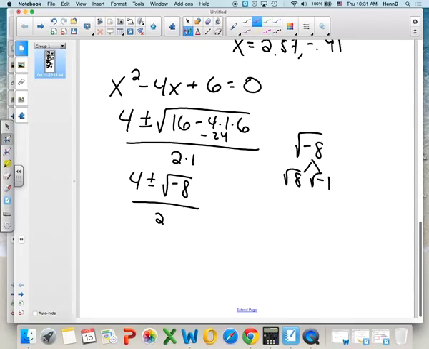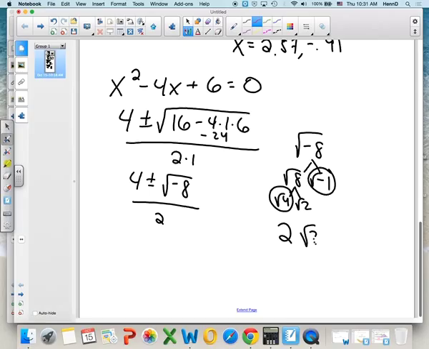Yeah. And since you've already started separating, now you have to separate the 8 into what? Like it's the square root of 4 and the square root of 2. In your head, you know what the square root of 4 is. Nobody knows what the square root of 2 is. And we all should know what the square root of negative 1 is.